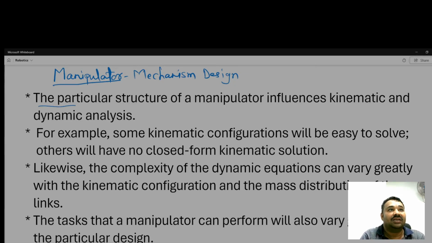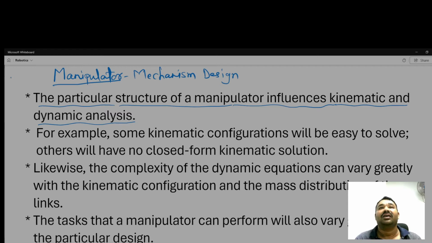The particular structure of a manipulator influences kinematic and dynamic analysis. Okay, so what does this mean? Kinematic and dynamic analysis depend upon the particular structure. First, let's understand what is kinematic and what is dynamic.